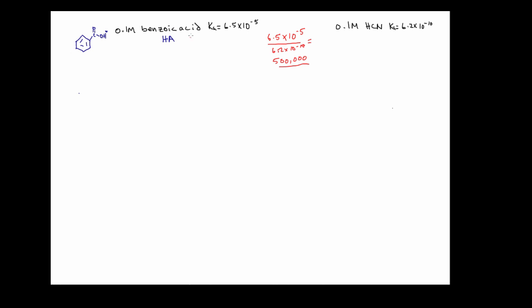But things get a little complicated, because the hydronium ion concentration in the hydrocyanic equilibrium is going to be determined by benzoic acid, and that's also going to influence the concentration of the conjugate base that forms in the hydrocyanic equilibrium because of Le Chatelier's principle.